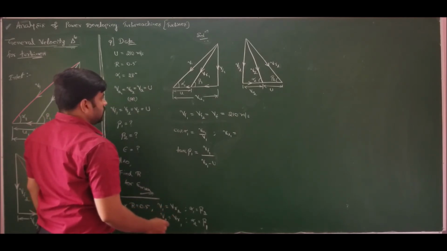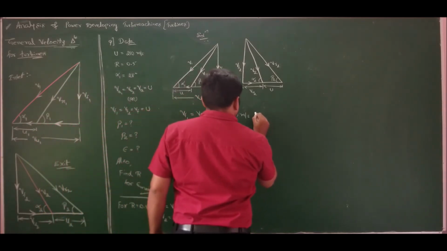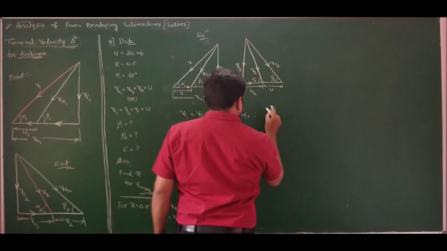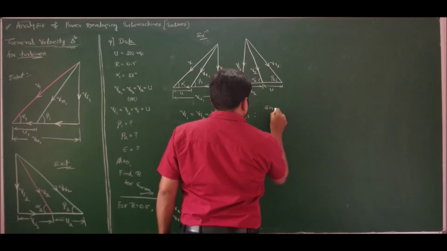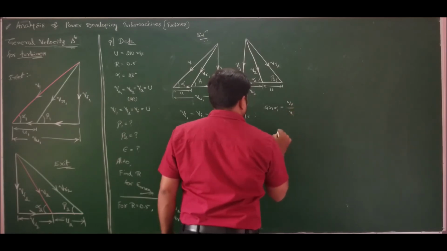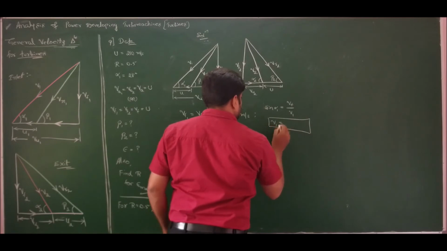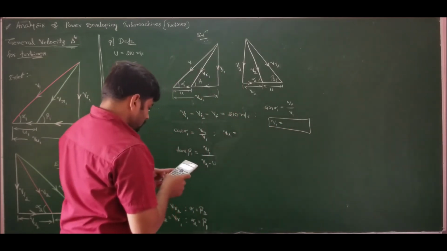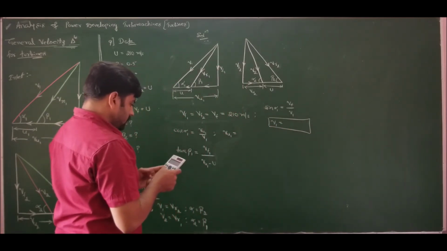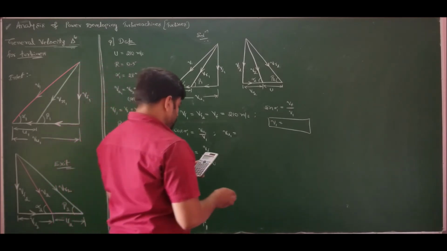V1 is not given, so use sin alpha 1 to find the value of V1. Sin alpha 1 is Vf by V1, hence V1 will be 210 divided by sin of alpha 1, 28 degrees.